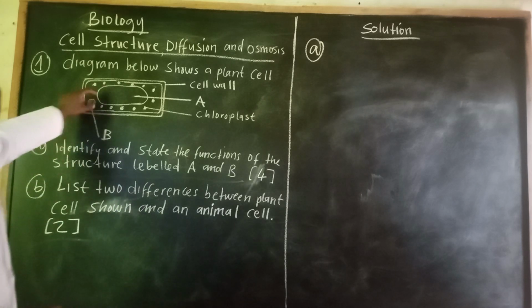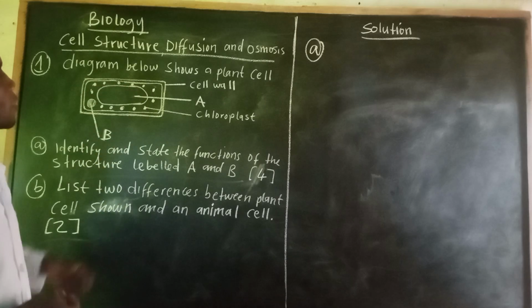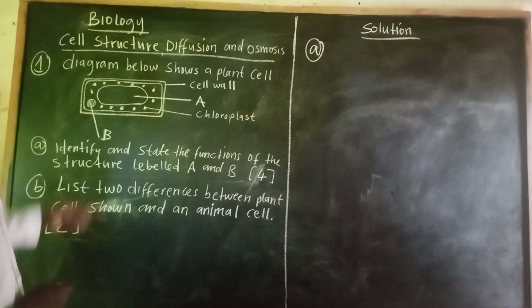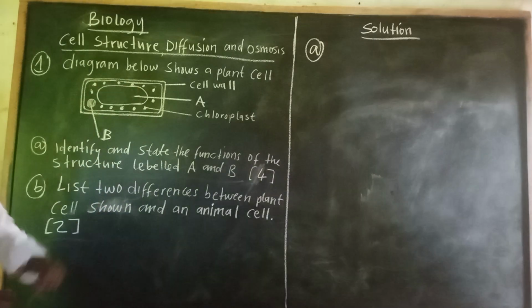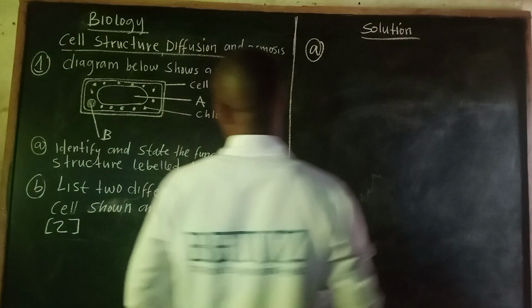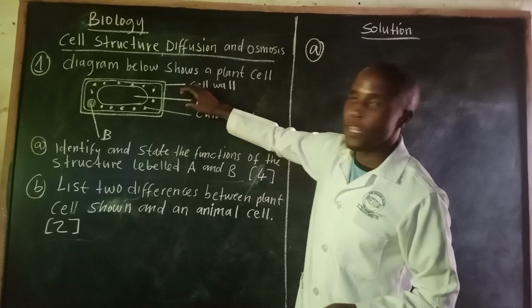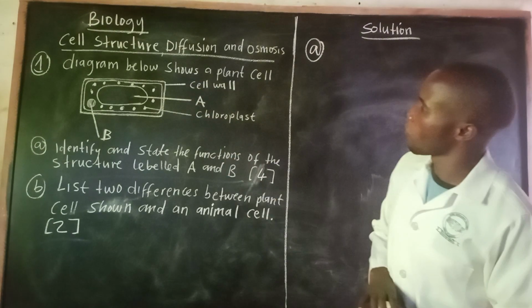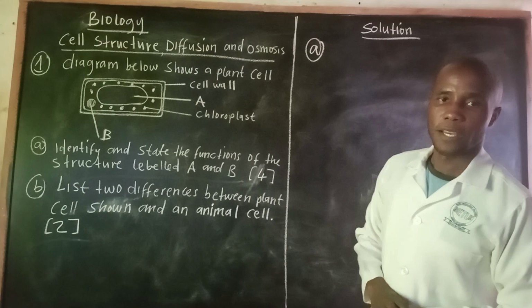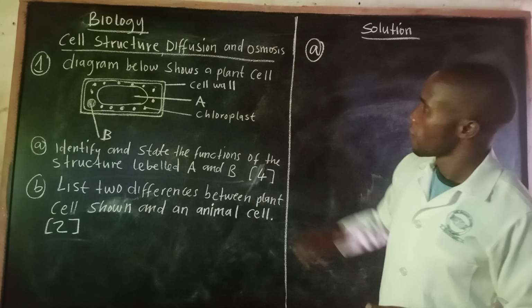Okay, so this structure is called the vacuole. And structure B is called the nucleus.